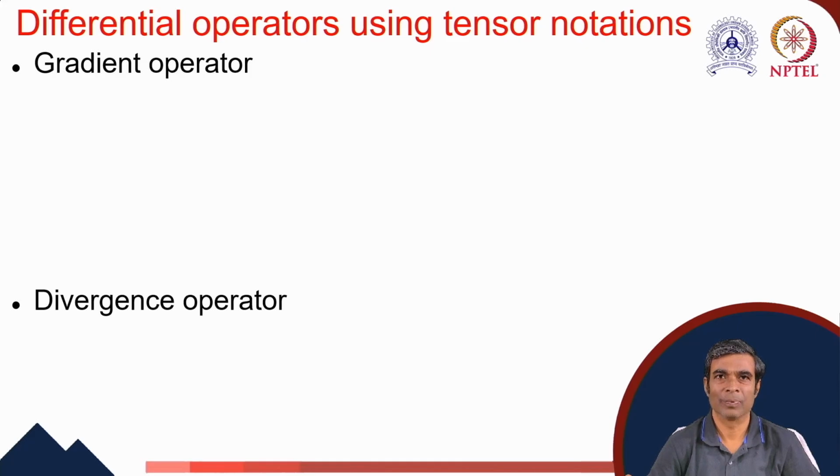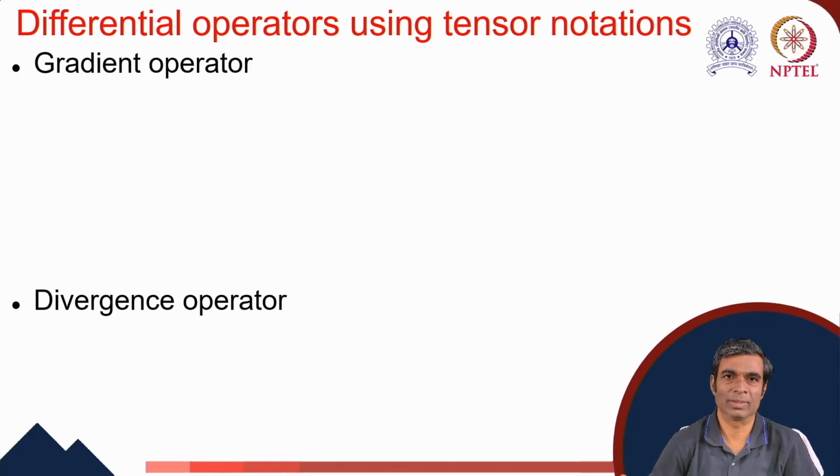Next we discuss various differential operators using tensor notation. The basic differential operators are the gradient operator, the divergence operator, and the curl operator. So we can take the gradient of a vector, gradient of a tensor, divergence of a vector, divergence of a tensor, or curl of a vector and tensor.